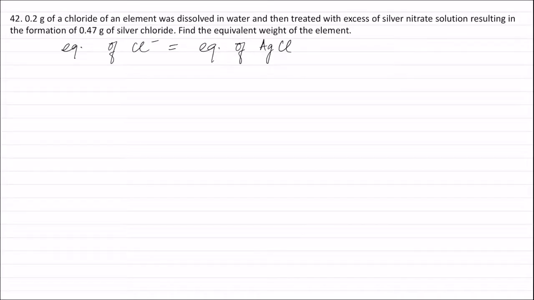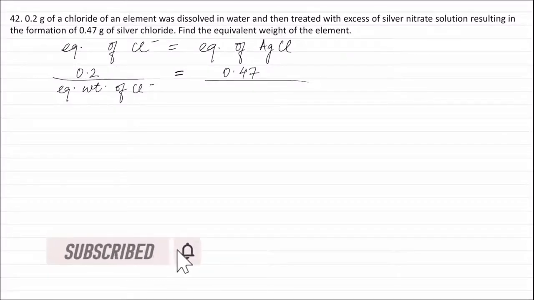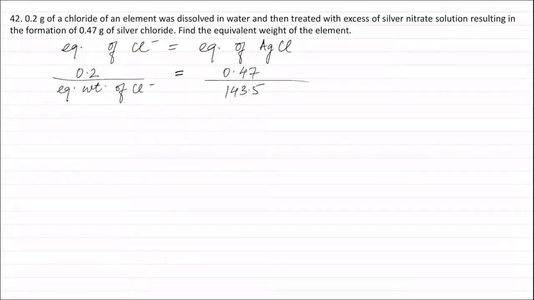Equivalent of chloride can be written as weight of chloride, that is 0.2 gram, divided by equivalent weight of chloride. Equivalent of AgCl will be equal to weight of AgCl, that is 0.47, divided by equivalent weight of AgCl, and equivalent weight of AgCl is 143.5.